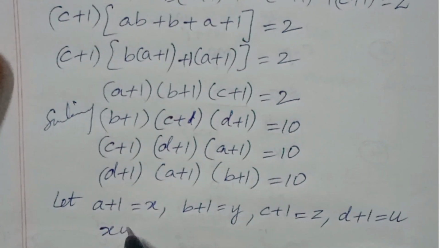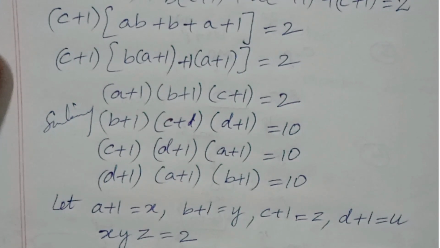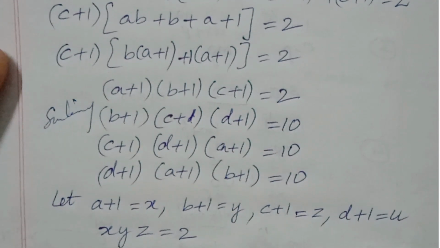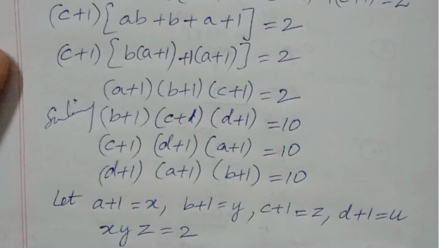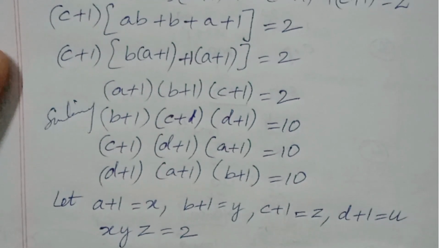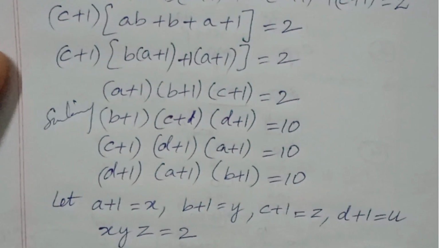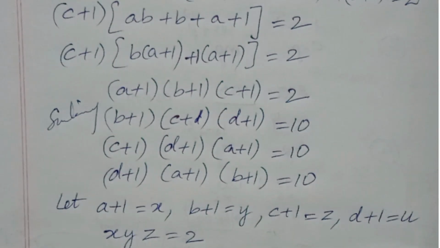The first one gives xyz equal to 2. Second, yzu equals zux equals uxy equals 10.